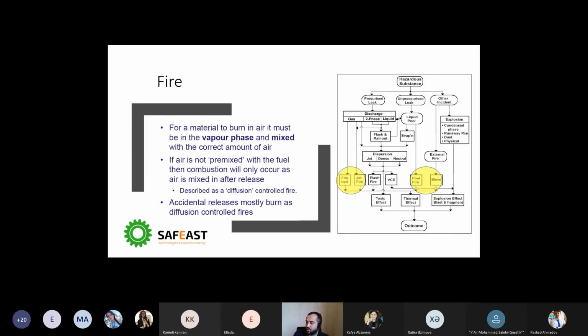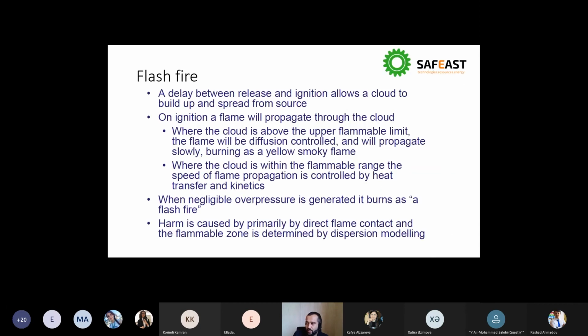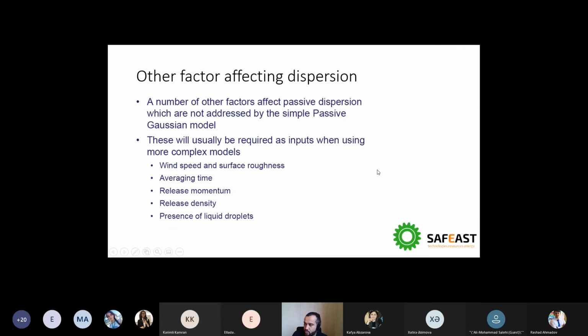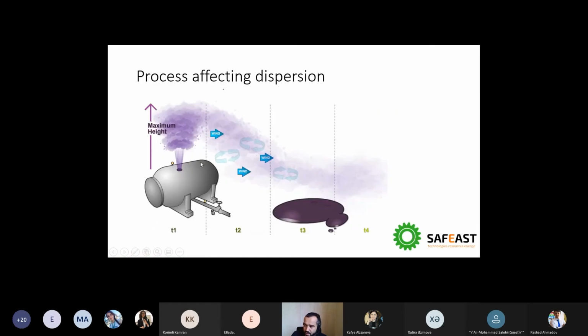One of them is flash fire. Flash fire is a fire which happens after dispersion. Let's say this is released and it reached a certain extent, and it found an ignition source somewhere here.